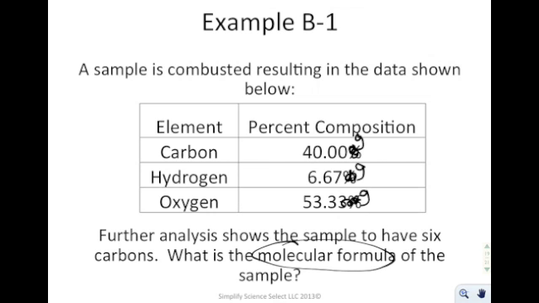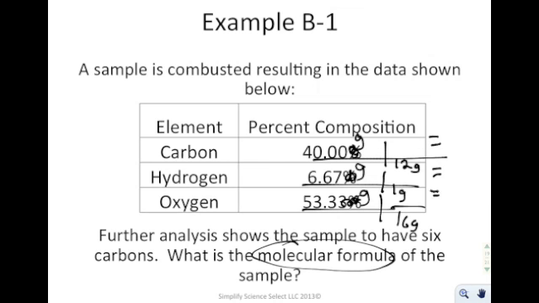Then what we would do is divide each by the molecular mass of each element. So carbon is 12, hydrogen is 1, and oxygen is 16. As a result of that, we will get the number of moles of each in the sample.